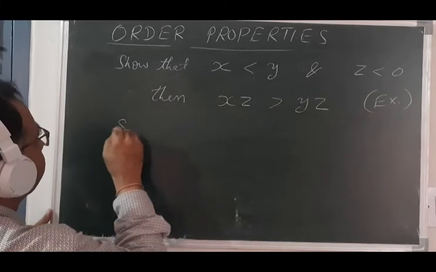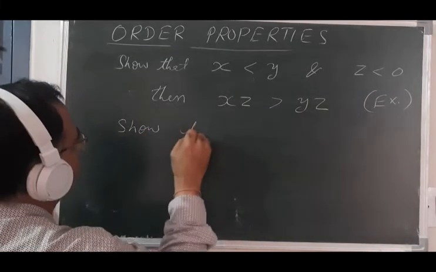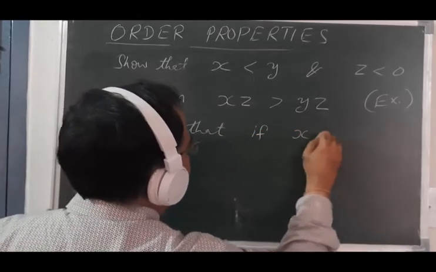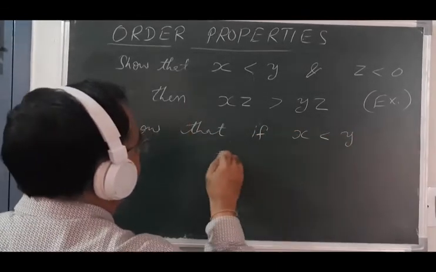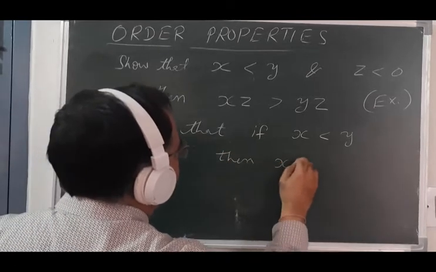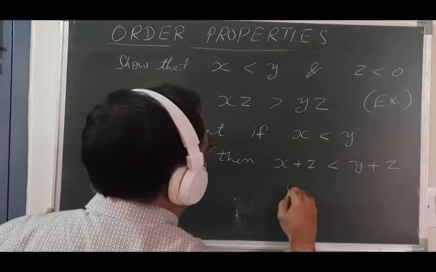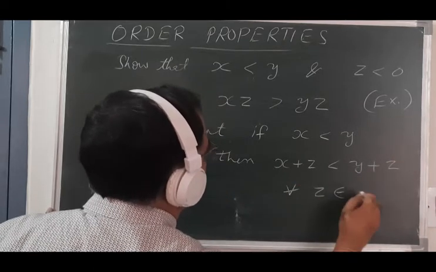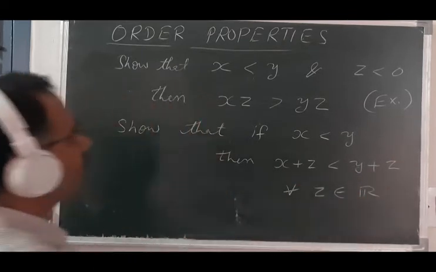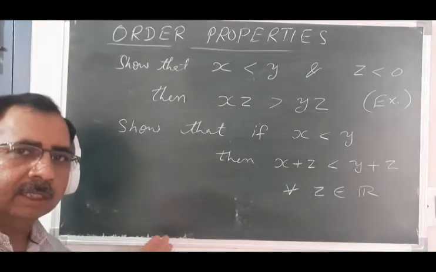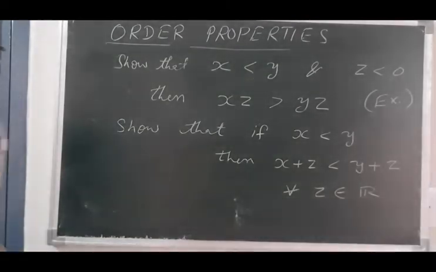One more exercise is, show that if x less than y, then x plus z is less than y plus z for all z belongs to the set of real numbers. These two questions are really easy, which I expect from you to do.